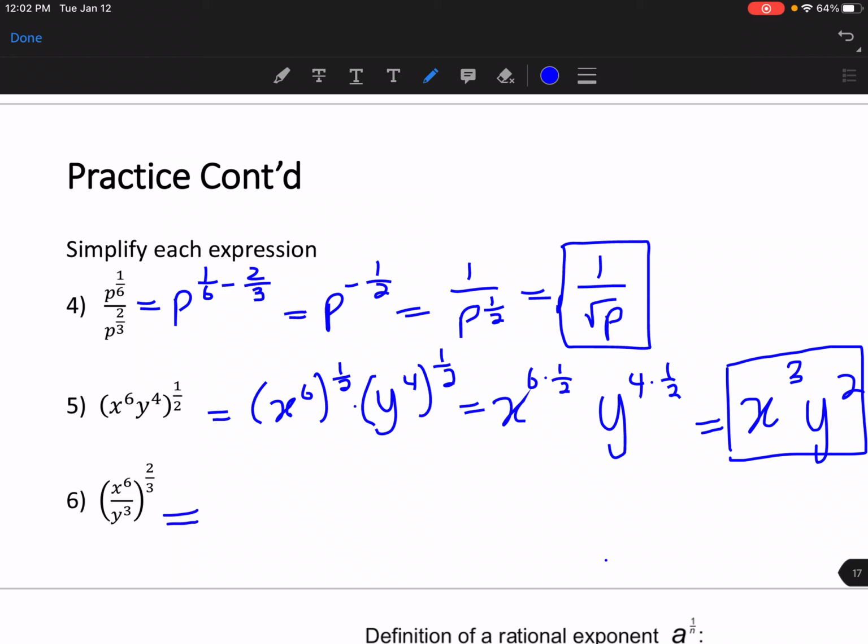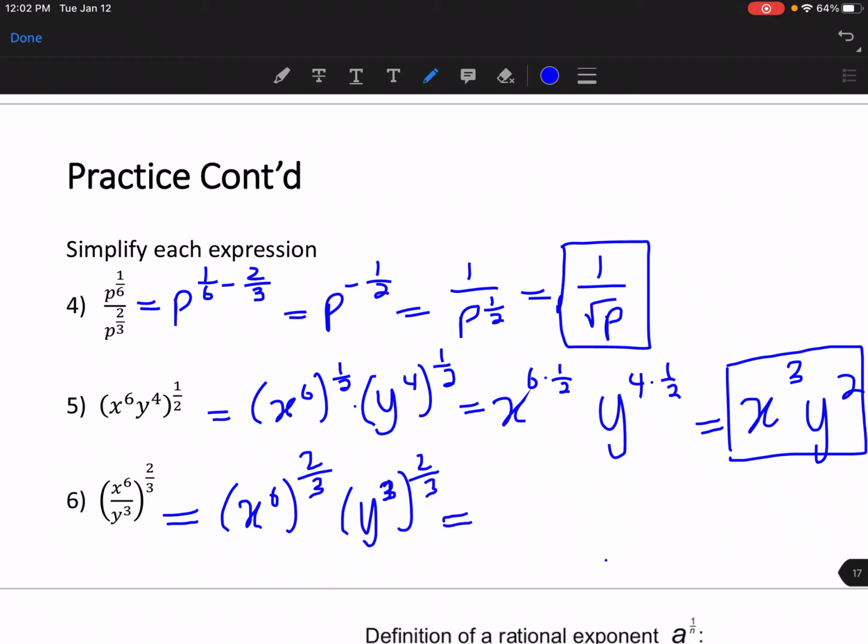And then lastly, we have the quotient of x to the 6 over y to the third, both raised to the 2/3. So we're going to say this is x to the 6 to the 2/3 times y to the third to the 2/3.